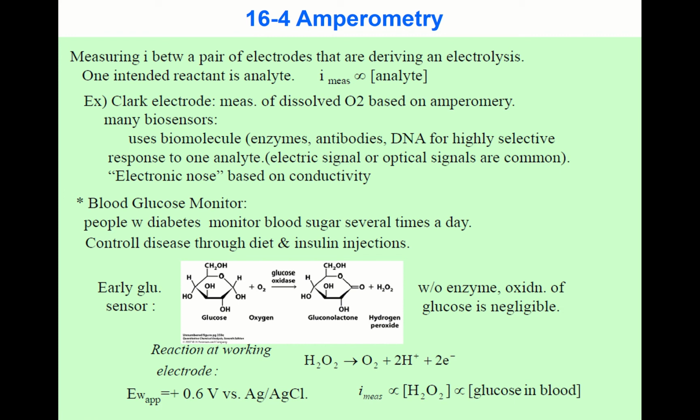Here, also important is the selectivity. Let's assume you have many species in solution, and you want to measure one specific species concentration. So to apply amperometry to the sensor, it is important to give selectivity to the system.